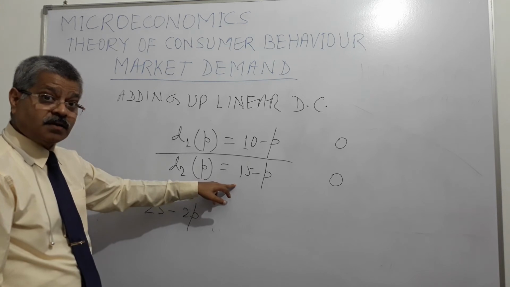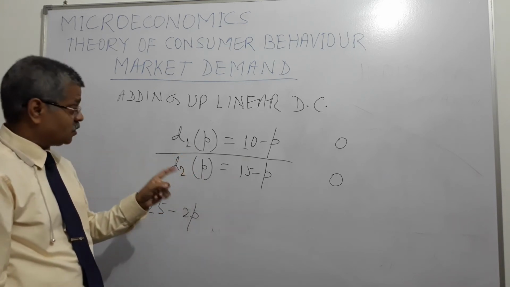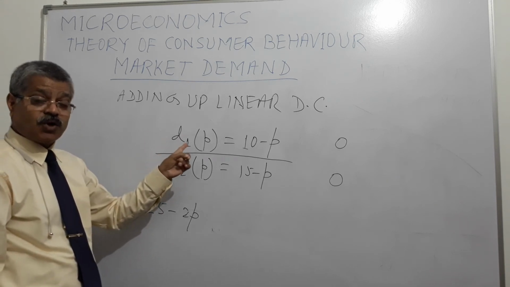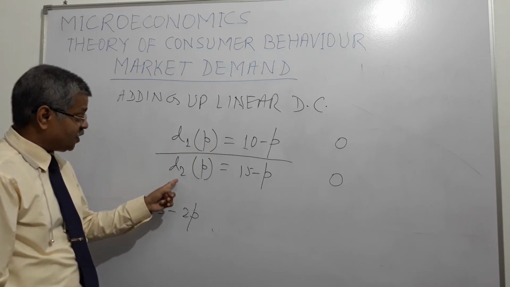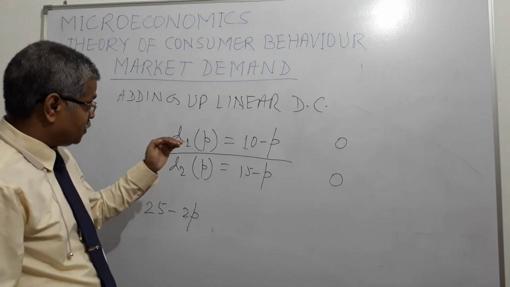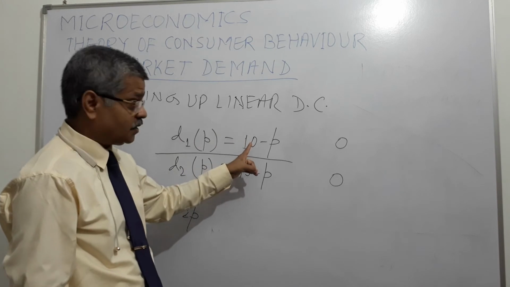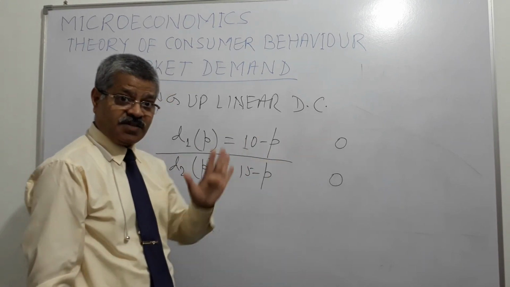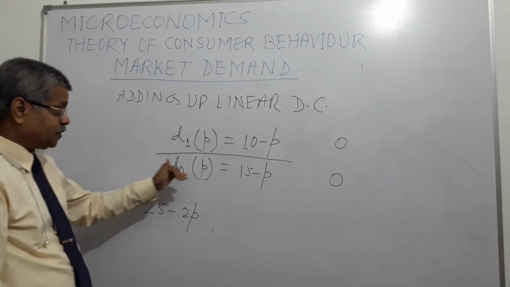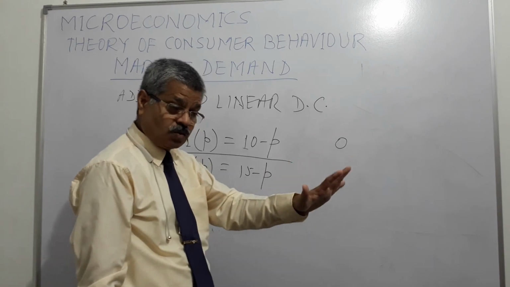More than 15, consumer 2 demands 0. Not for both. D1 is for consumer 1, D2 is for consumer 2.